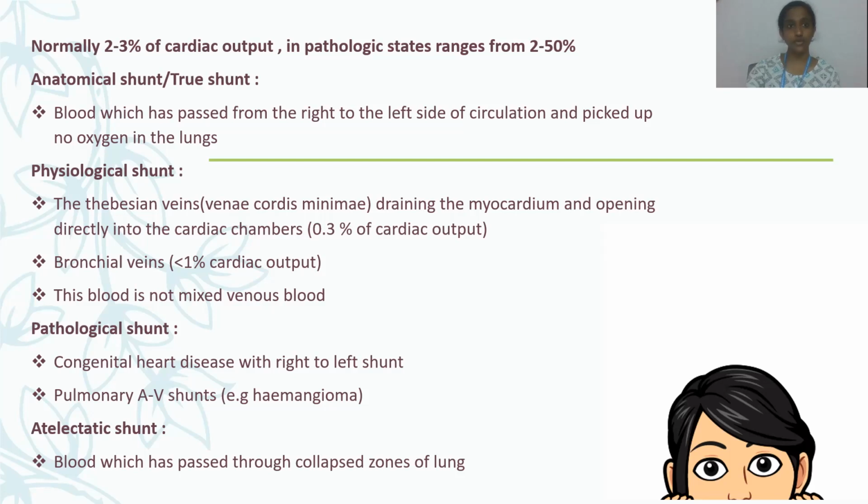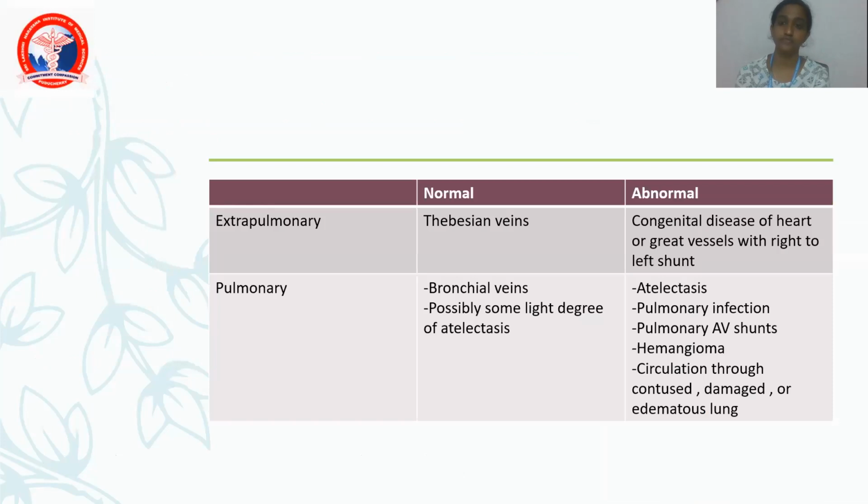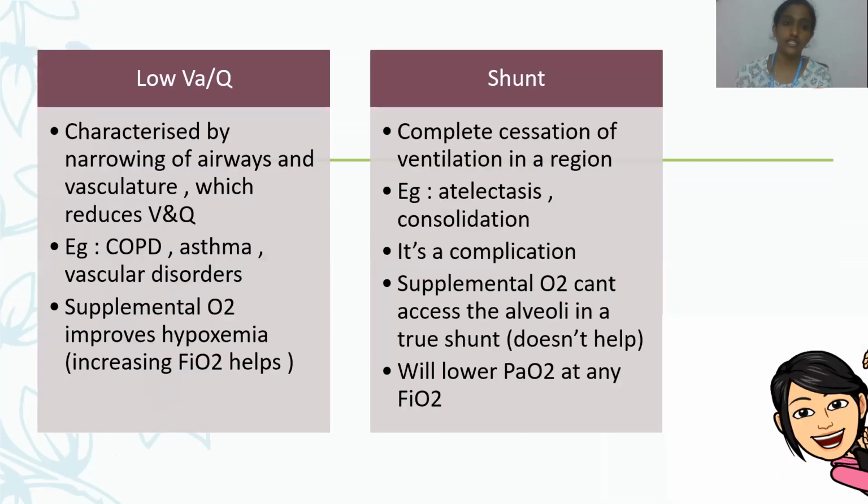So normally 2 to 3% of the cardiac output can be shunted blood, but in pathological states it can reach even 50% of blood that is deoxygenated entering the left side of the heart. So there can be low VQ, there can be shunting also. Shunting is complete cessation of ventilation, whereas in low VQ, the blood has taken up some oxygen, but it's not up to the maximum level.